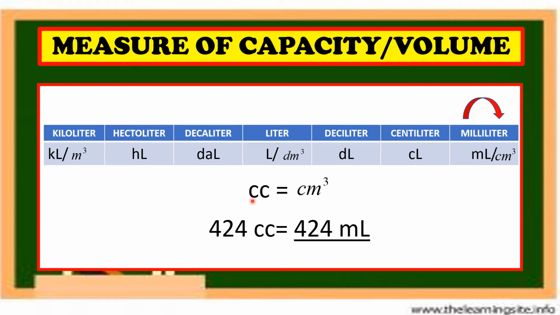So, cc equals centimeter cube. We need to convert 424 cc to milliliters. Since milliliter is also centimeter cube, 424 cc is also equal to 424 milliliters.